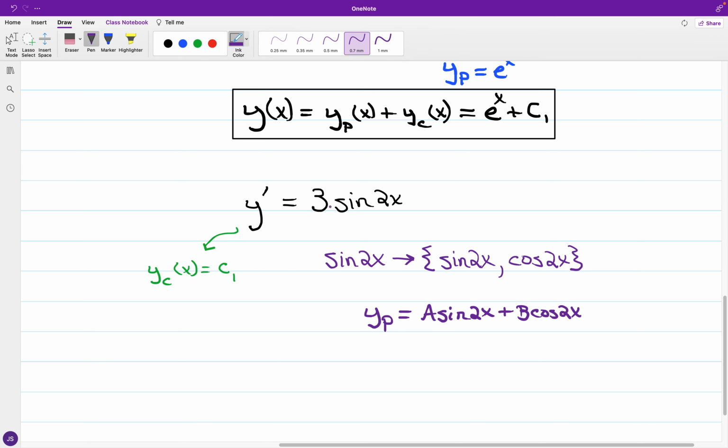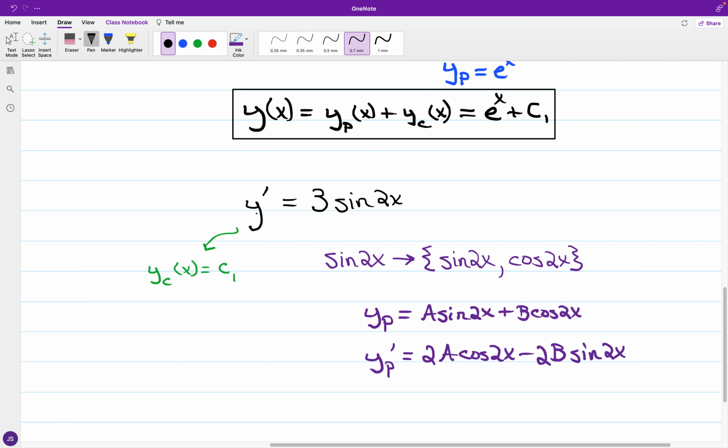To get things set up along the lines of y prime equal to 3 times the sine of 2x, I want to take the first order derivative of y sub p. In this case, a sine of 2x will go to 2a cosine of 2x. And for b cosine of 2x, the derivative will go to negative 2b times the sine of 2x.